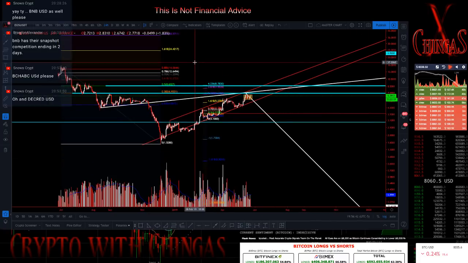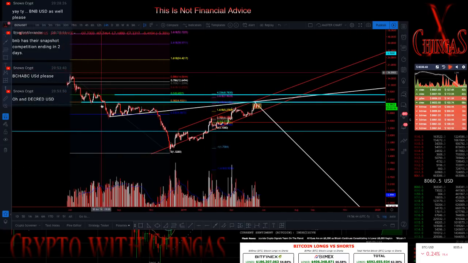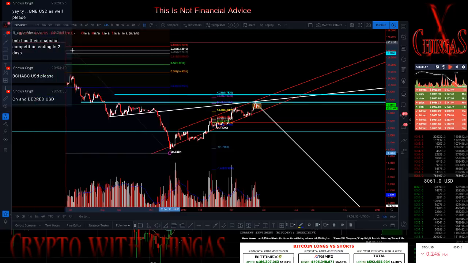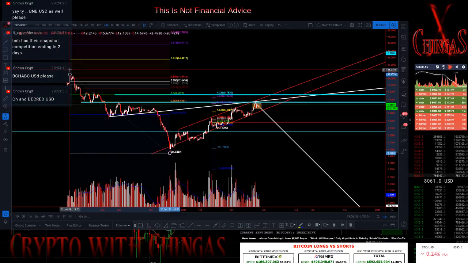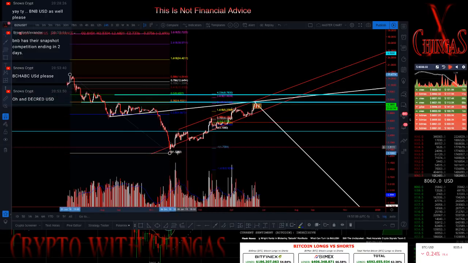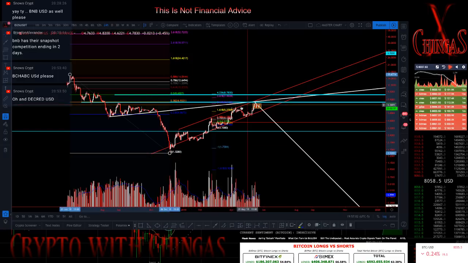So look for confluence in trades, right? So from here, this is our global high, right? This is our high. So our high to our low, and we're measuring the pullback. We're measuring the retrace, right?